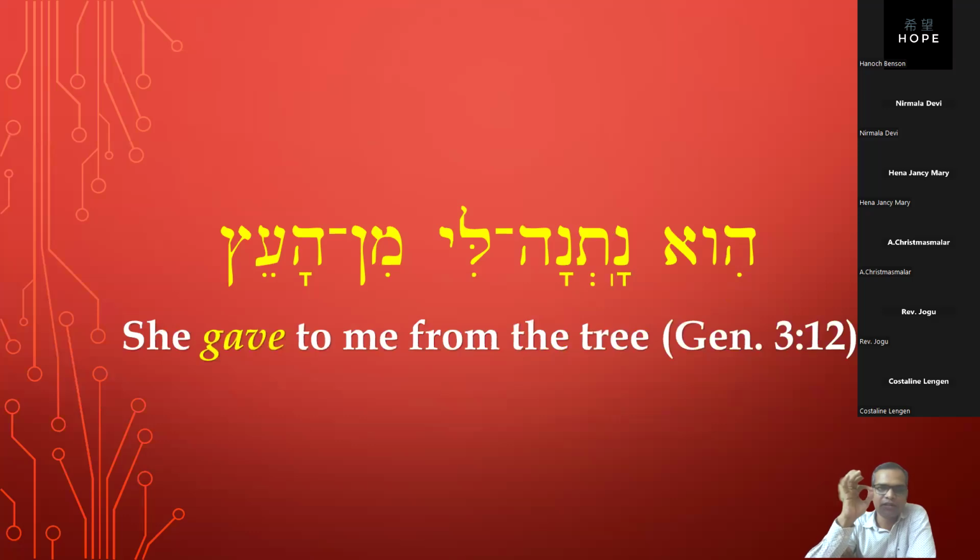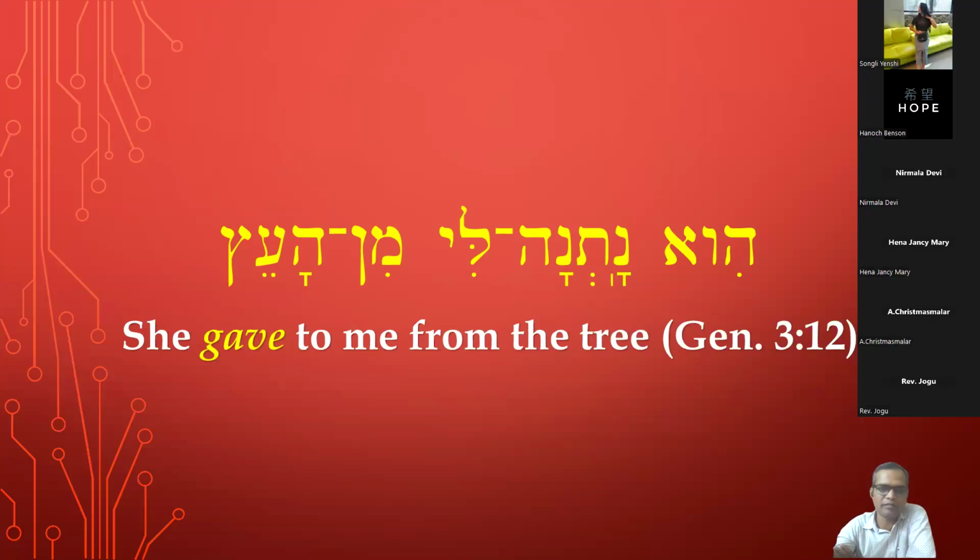That is the first, the Qal stem, then the tense perfect, then person, gender, number. Qal perfect third person feminine singular, from the root word Natan, meaning she gave. Very good.